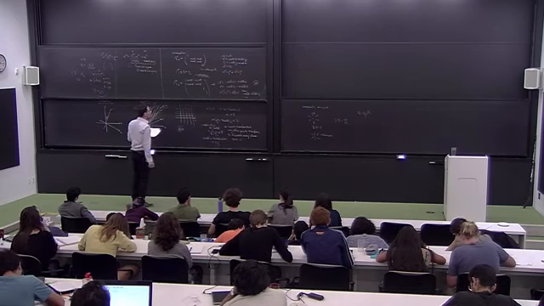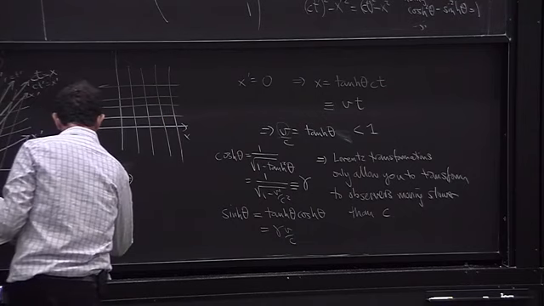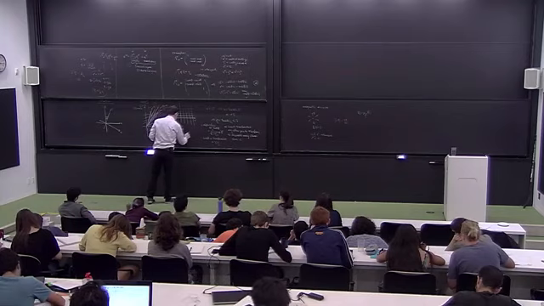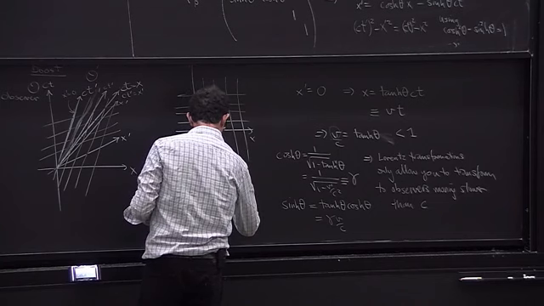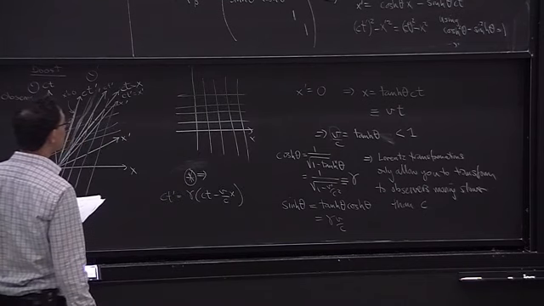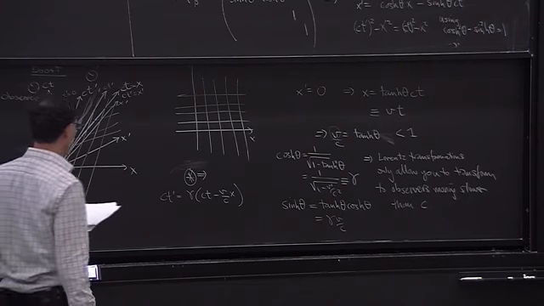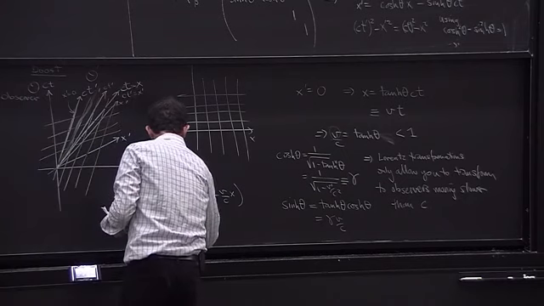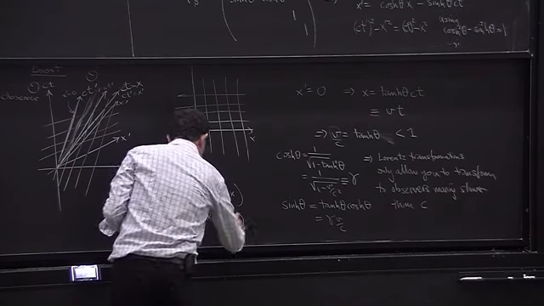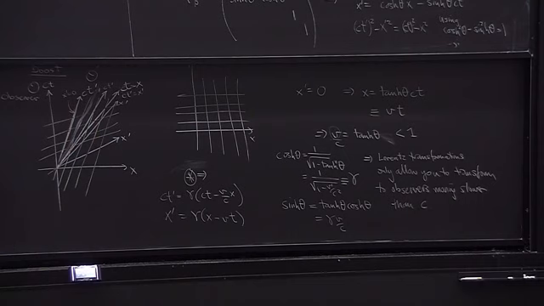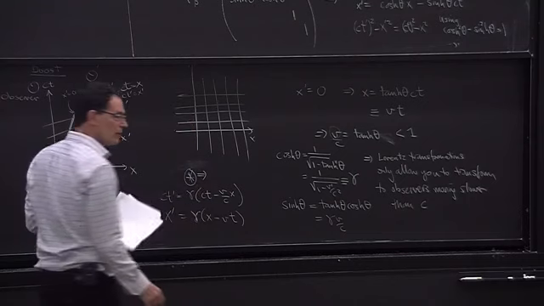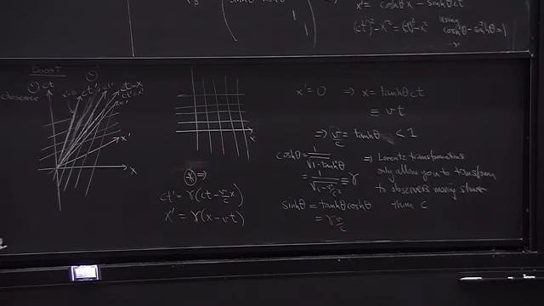So equation star just becomes ct prime equals gamma (ct minus v over c x), and x prime equals gamma (x minus vt). And those are the usual formulae for Lorentz transformations.